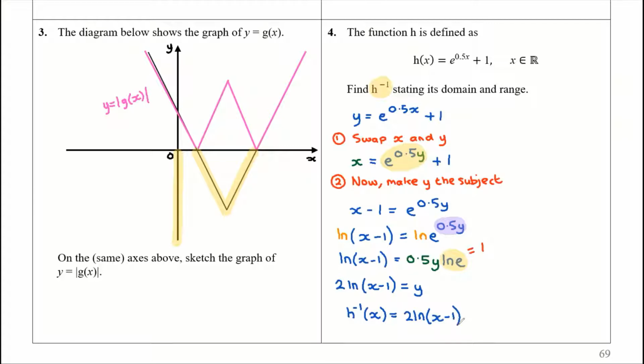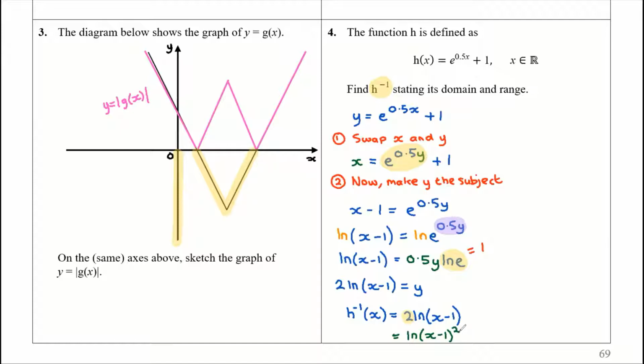You could also, if you wanted to, because we've got a coefficient at the front, use the power law in reverse. You don't have to do this because it's not specified, but you can also write this as the natural log of (x subtract 1) to the power 2. Okay, they're both the same statement.